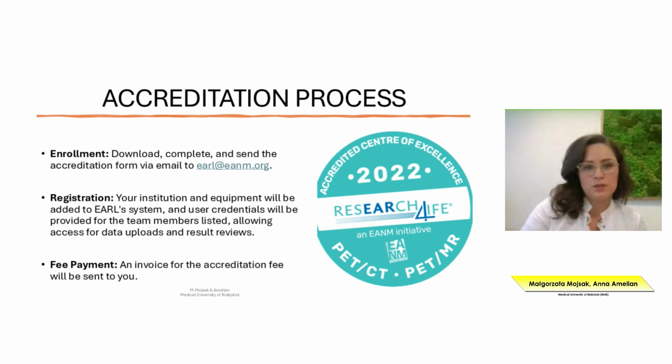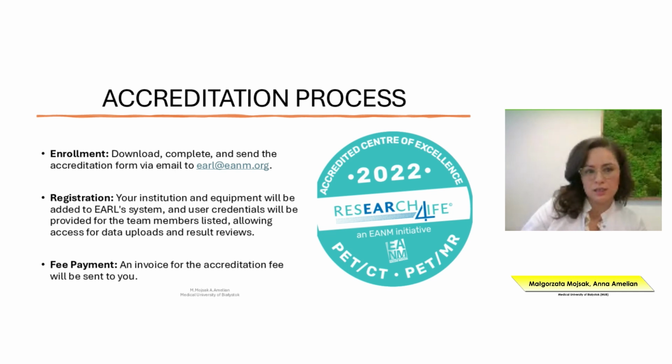Accreditation process starts from the enrollment by sending the application form, and we put the name of our institution and the information about the scanner that we would like to get the accreditation for. Actually, the certification is provided for a given institution and for this particular scanner.